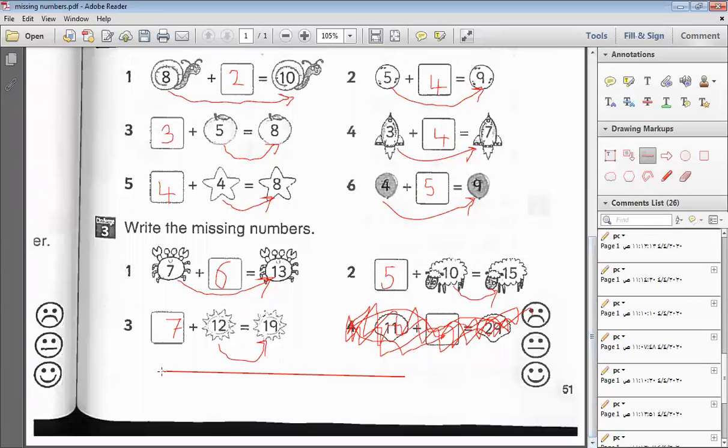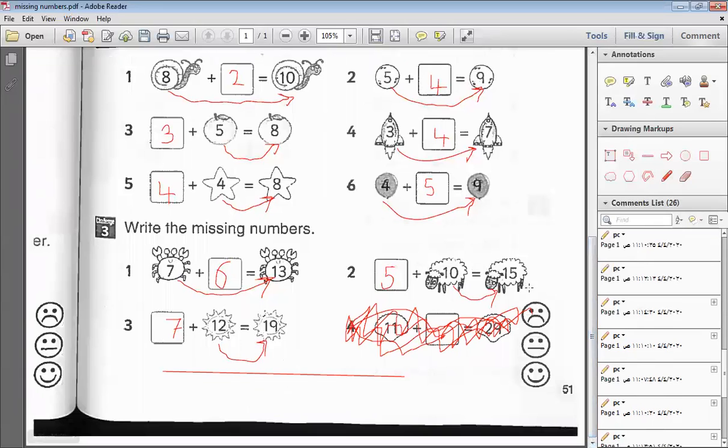Okay, I need to show you how you are going to do it on the number line.